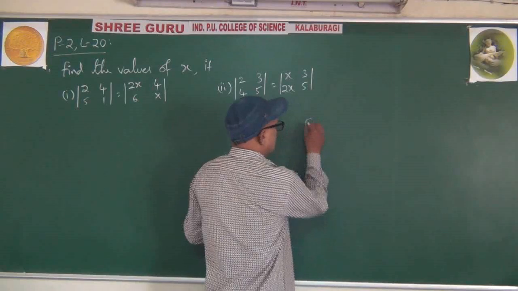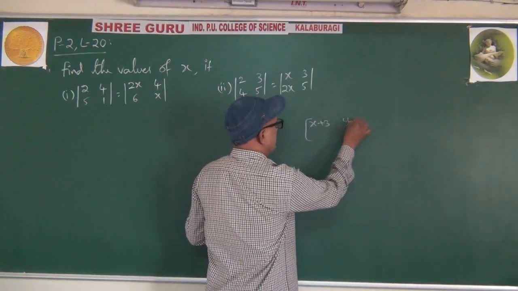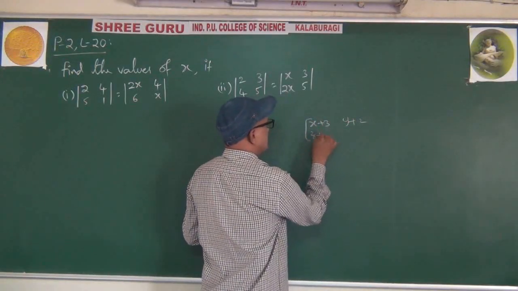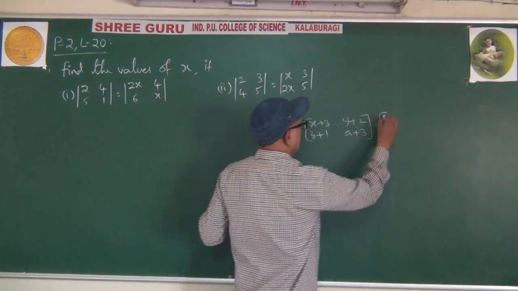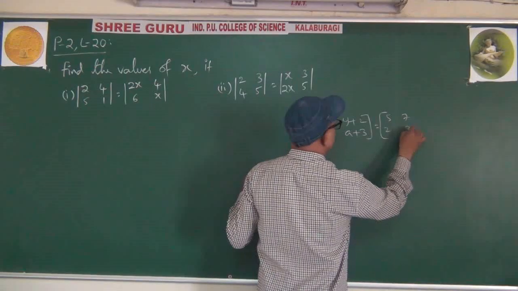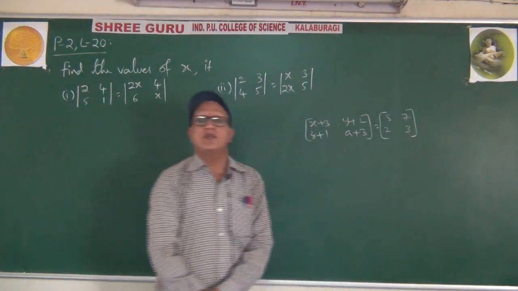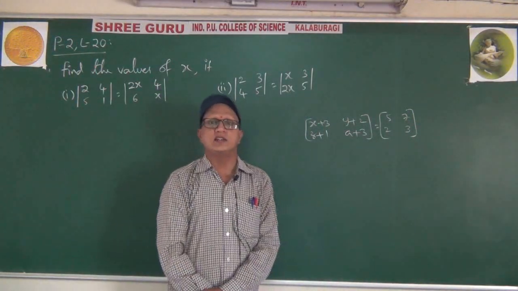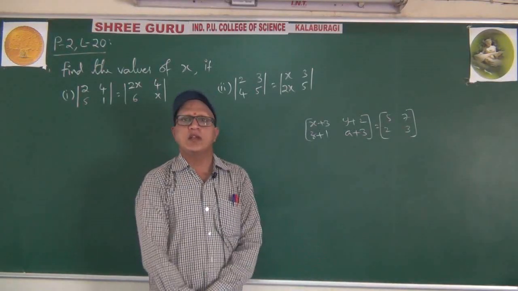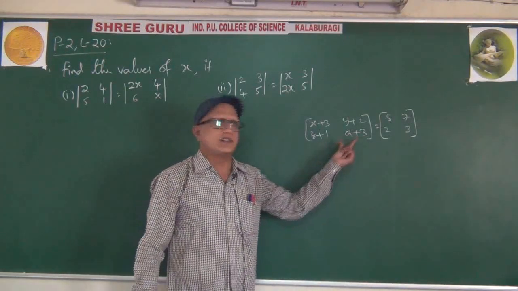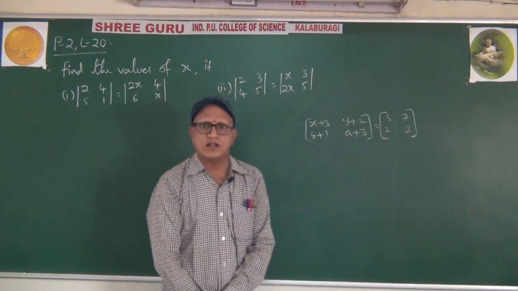For example, the question is the matrix x plus 3, y plus 2, z plus 1, a plus 3 equals the matrix 5, 7, 2, 3. Find the values of x, y, z and a. What do we have to do? This is a matrix, this is also a matrix.